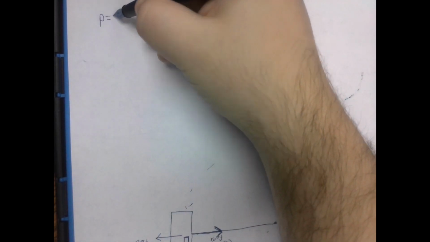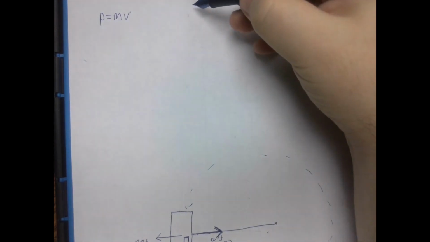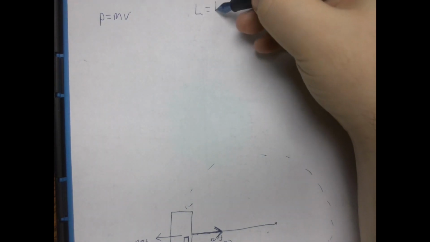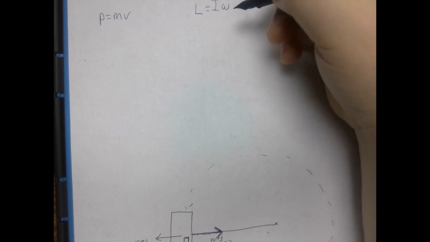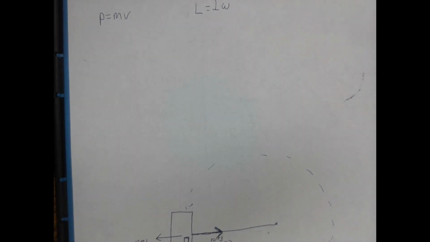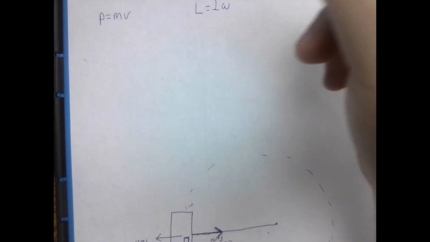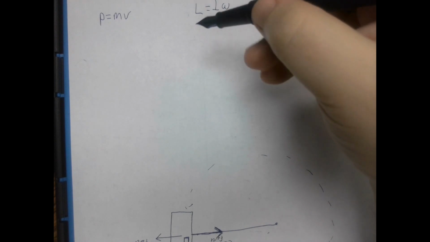So momentum is mass times velocity. Angular momentum is I times omega. So mass is I, speed is omega.